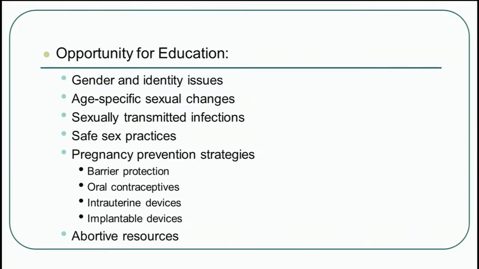Whether it's discussing sexually transmitted infections and safe sex practices, or pregnancy prevention strategies, providing information on barrier protection, oral contraceptives, intrauterine devices, and implantable devices. Or, depending on where you practice, the ability to provide education on abortive resources.